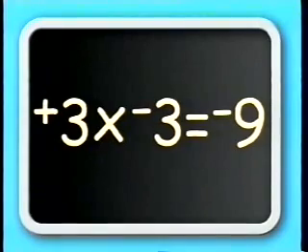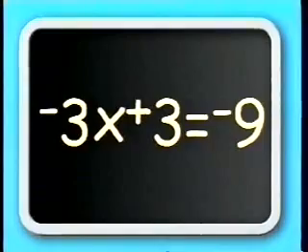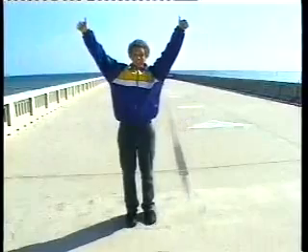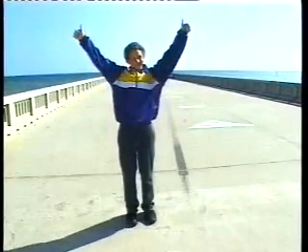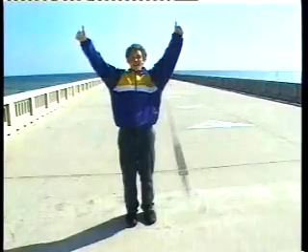And it doesn't matter which order the integers come in a multiplication calculation, you still get the same answer. A negative integer times a positive integer gives a negative result. Of course, a positive integer times another positive integer will be a positive answer. But the big surprise is that a negative integer times another negative integer comes out positive.